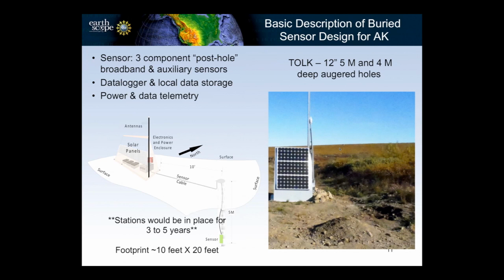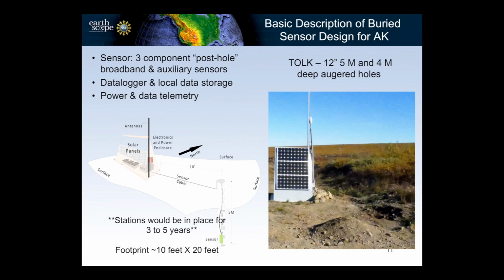It's not certain what we're going to be doing at every site. There may be some flexibility in terms of power that has not yet been determined, but this is sort of the general concept of what one of these stations will look like.